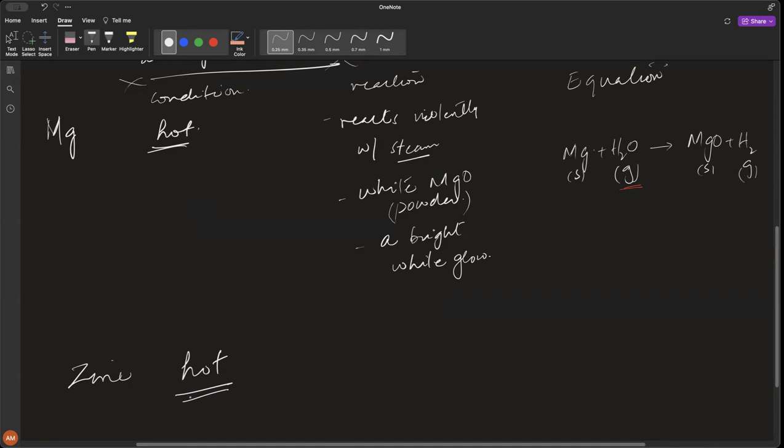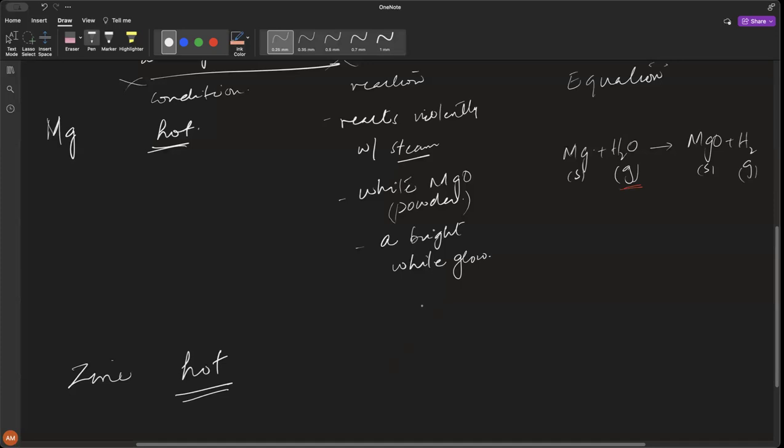By making them very hot and reacting them with steam, they were able to react with water. In normal, simple circumstances, they don't. Magnesium reacts very slowly, and zinc does not react with water at all at room temperature. So now all of them are being kept hot at the same temperature.